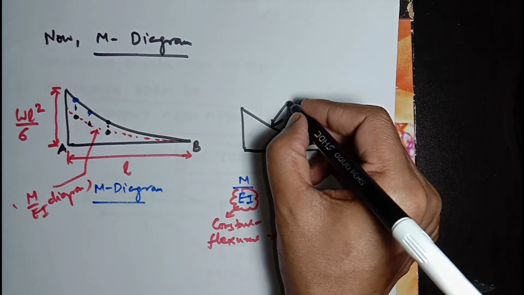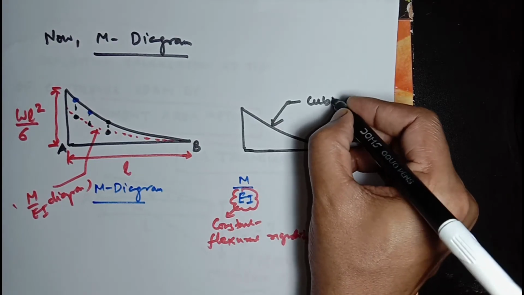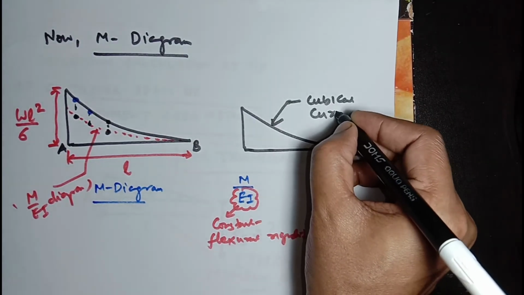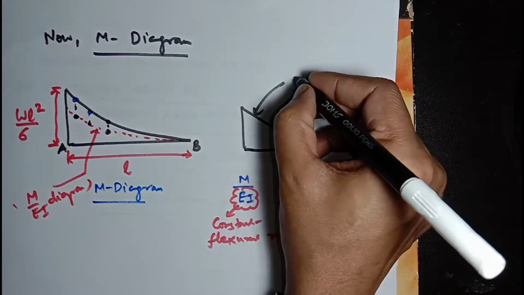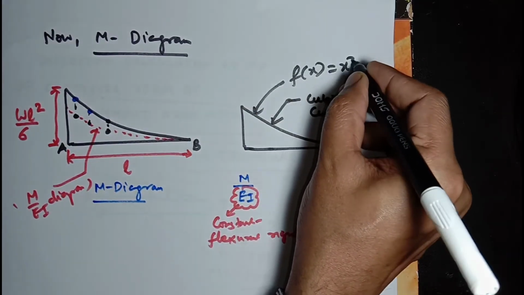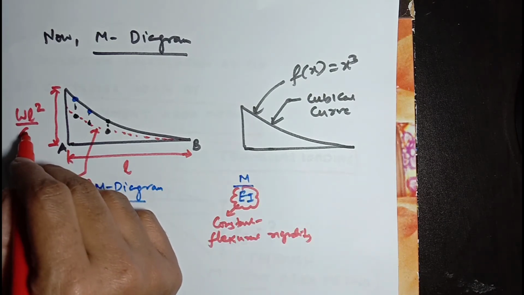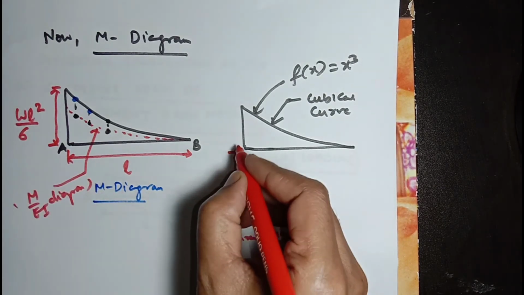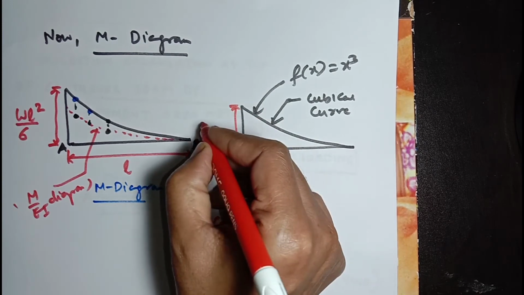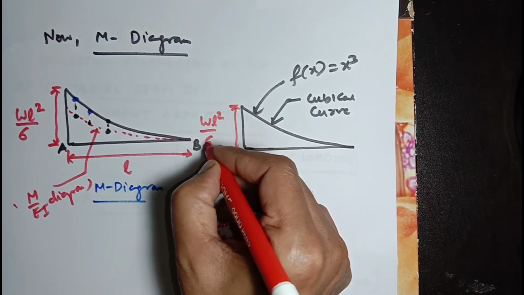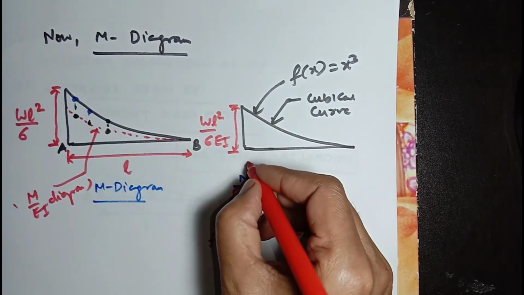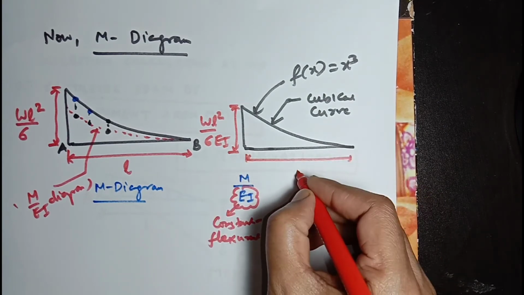This curve will also be a cubical curve, or you can say a function of x cube. And because the maximum value is also divided by EI, its value will be WL square divided by 6EI, and its distance is L.